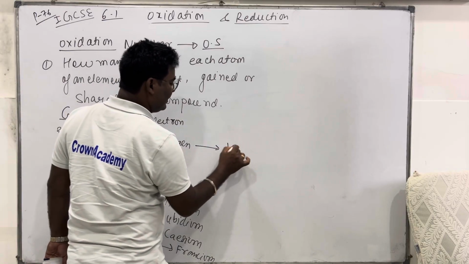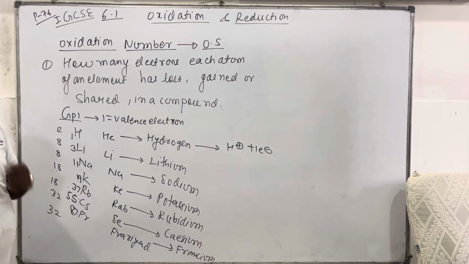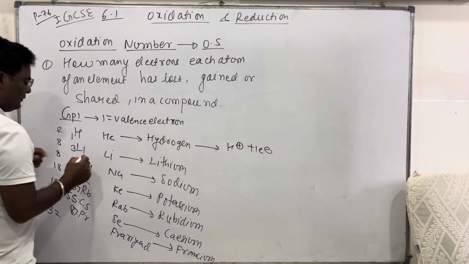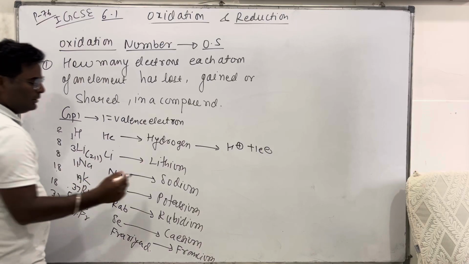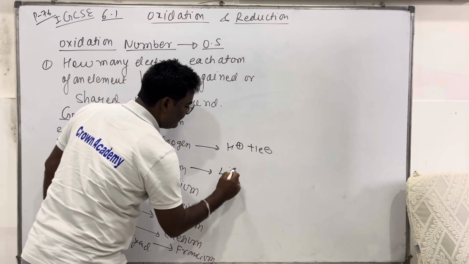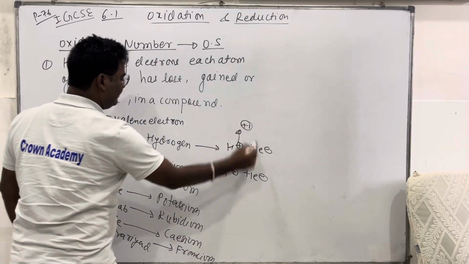In group 1, there is one electron in the last orbit, so it will lose one electron and form plus 1. Lithium electronic distribution is 2,1, so it will lose one electron, and oxidation state is 1.